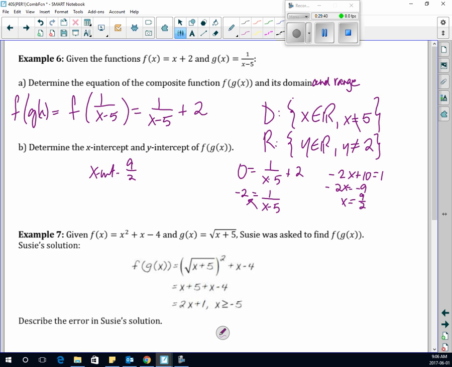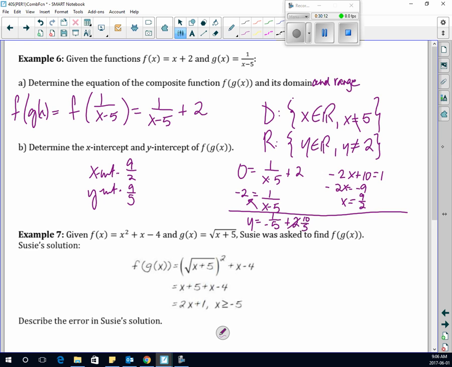And what's my y-intercept? We have to put x is 0, so my y would be 1 over negative 5 plus 2. So 2 is the same thing as 10 over 5. Does everybody see that? So what do we get? 9 over 5. Any questions there?